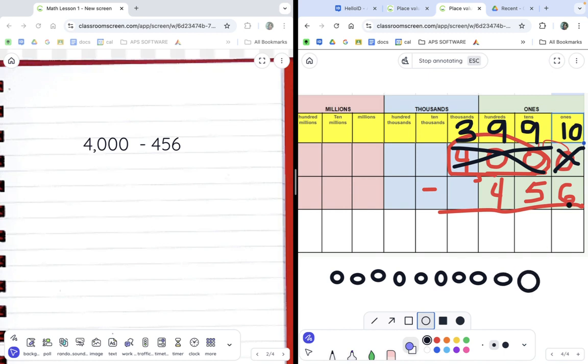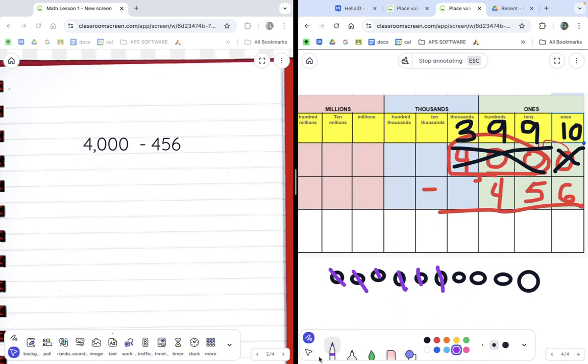And we take away how many? We're going to take away 6. So let's go ahead and cross out 6. That will be 1, 2, 3, 4, 5, 6.